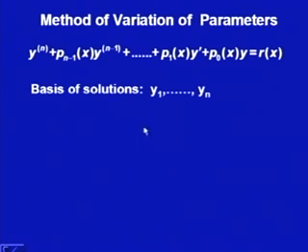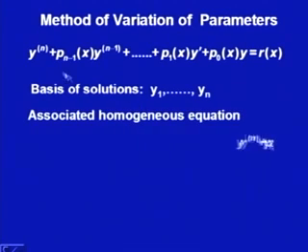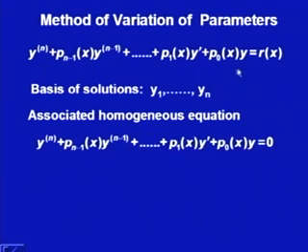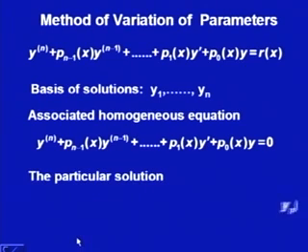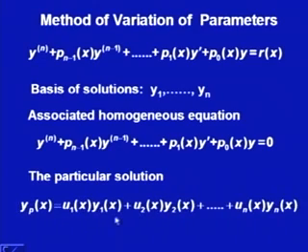What is this method? This method says, if I assume that y1, y2, ..., yn are the linearly independent solutions of the corresponding homogeneous equation of this given non-homogeneous equation, then by the method of variation of parameters we can find the particular solution as u1(x) y1(x) plus u2(x) y2(x) and so on plus un(x) yn(x).